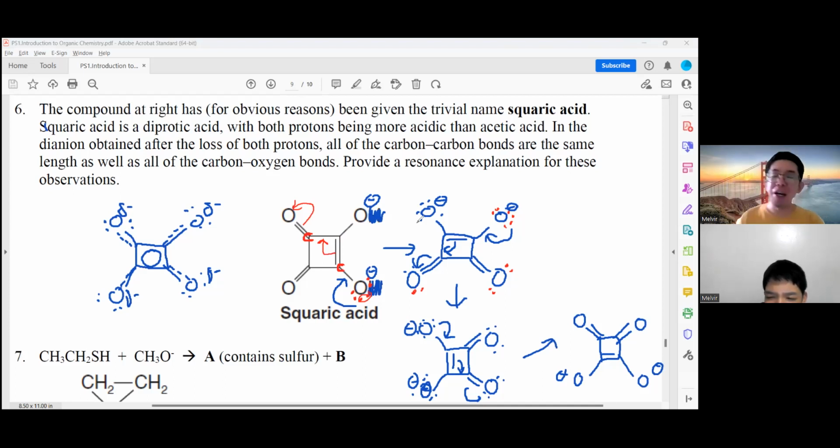Very good. And then the delocalization of electrons makes their bonds equal in length.